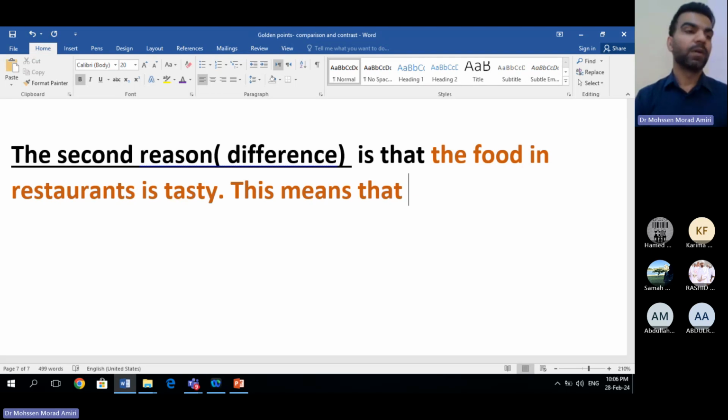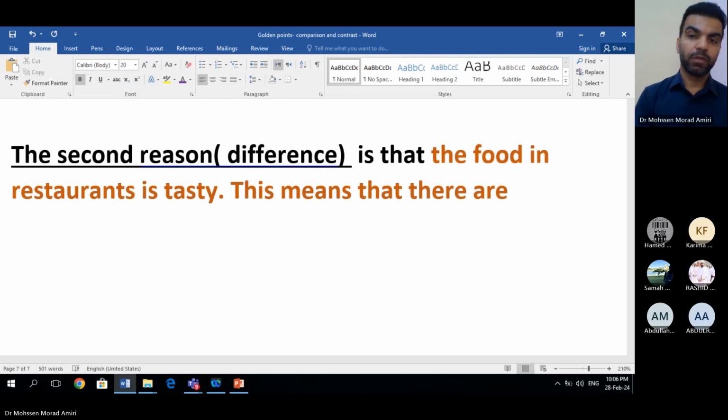This means that many people find restaurant food... or you can say this means that there are many restaurants that offer a big variety of foods so that people can experience high quality food in different restaurants.